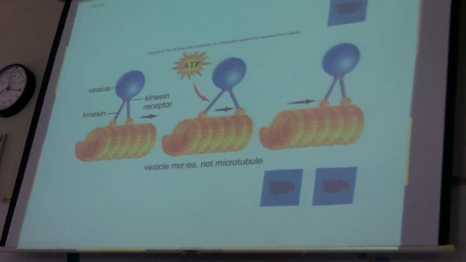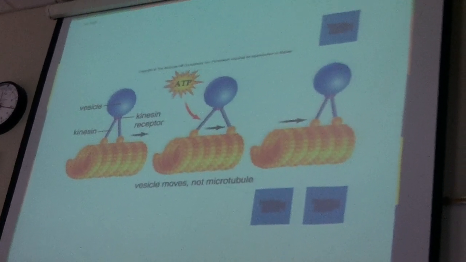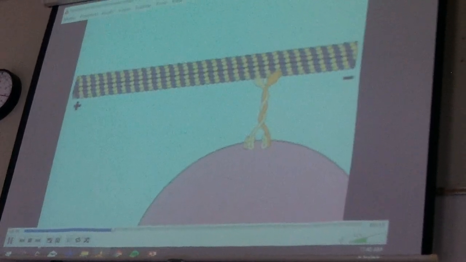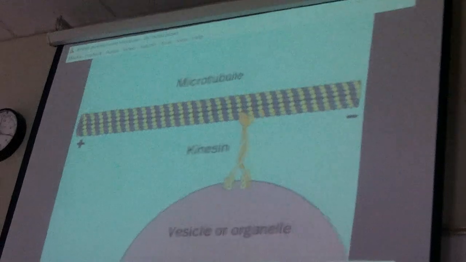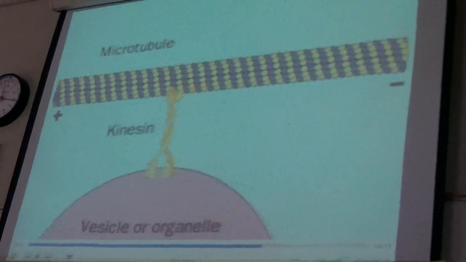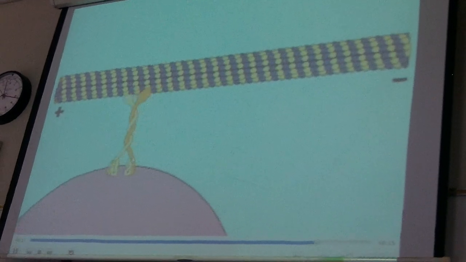I got video footage to show you how that looks. Movements of vesicles, organelles, and the cytoskeleton. Kinesin is a motor protein that moves vesicles and organelles toward the plus ends of microtubules. See how it's almost like walking along the microtubule?